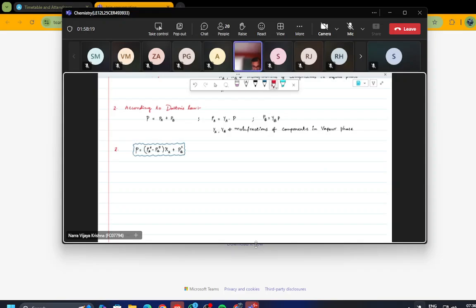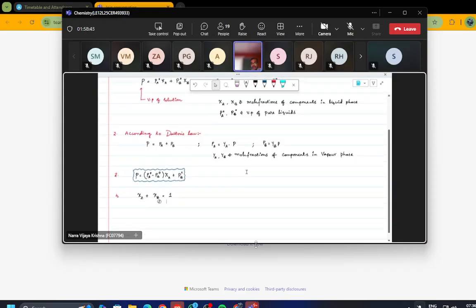Point number 4. Listen carefully, sir. I am giving a derivation. This derivation is also important, that's why I'm writing. XA plus XB equal to 1, you know it.